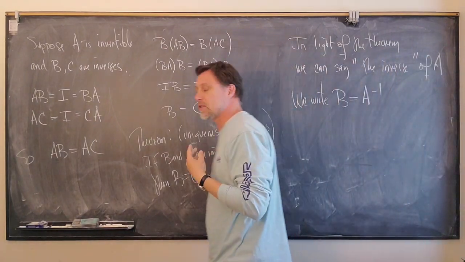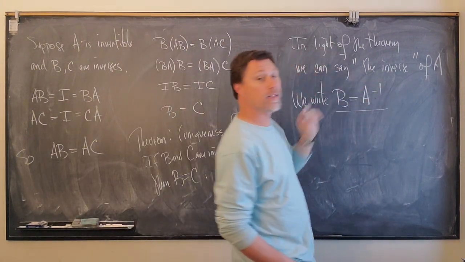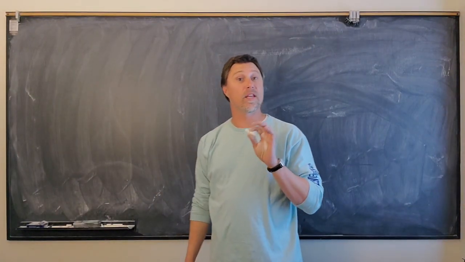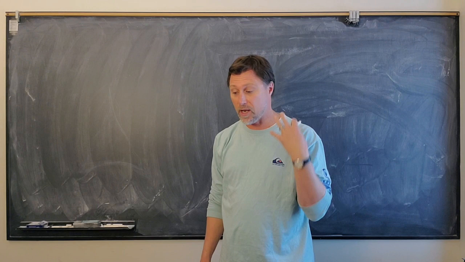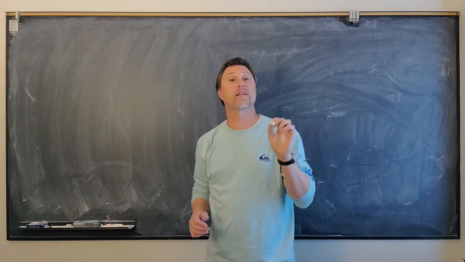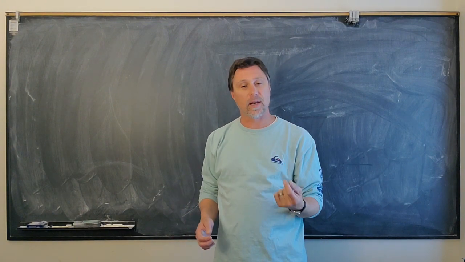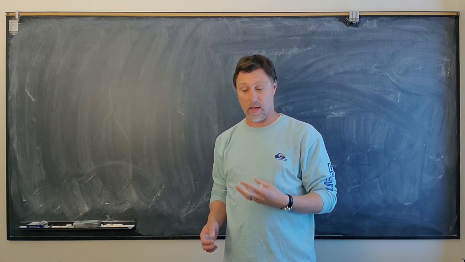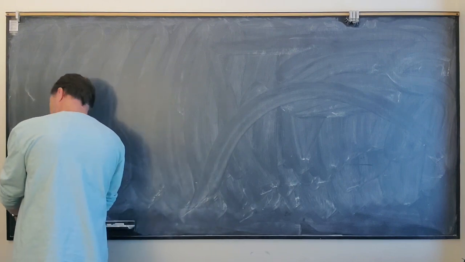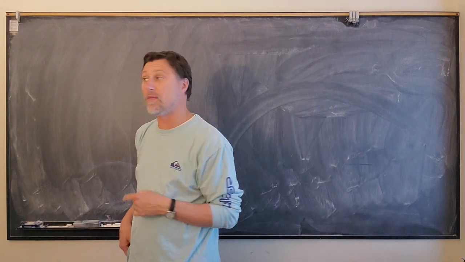The notation that we use, A raised to the minus 1, denotes the inverse of the matrix A. All right, we have this idea of inverse matrix. If you have an invertible matrix, that means that there is some matrix which we will now write as A raised to the minus 1, such that A times A inverse equals the identity, which equals A inverse times A. Now, the next thing we're going to need to do is figure out how to identify when we have an invertible matrix, and if so, who is the inverse of that matrix?